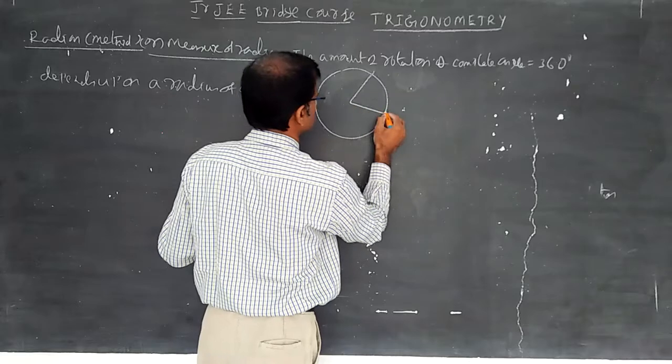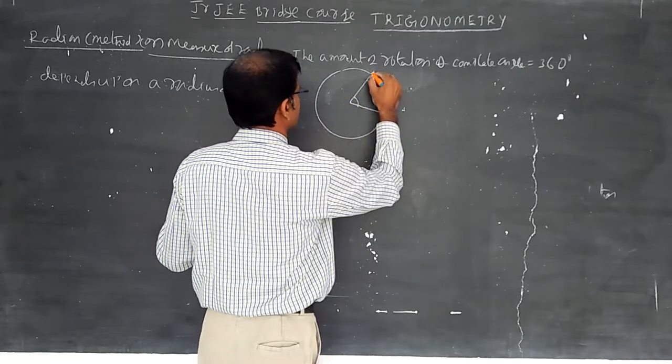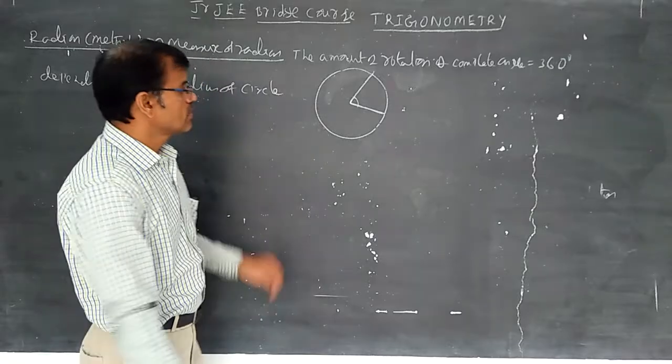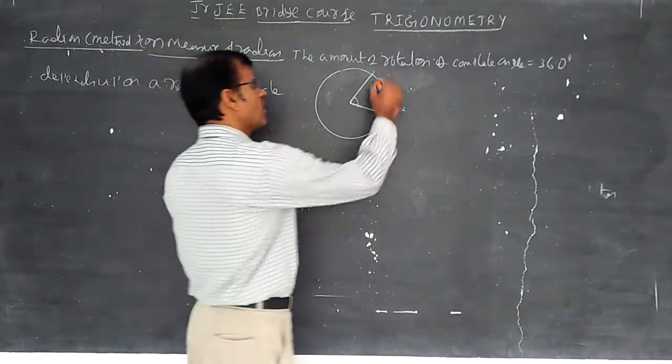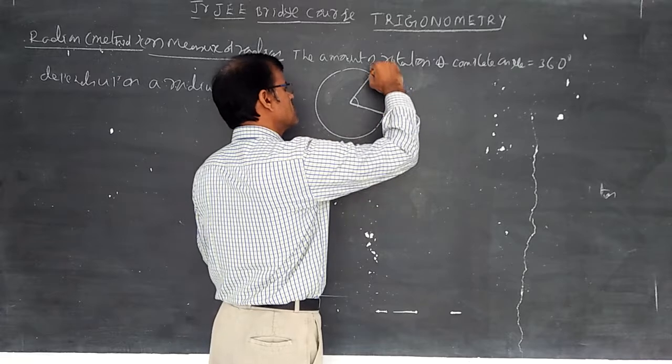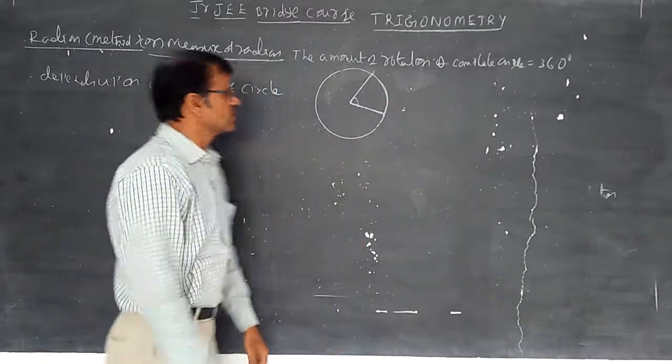Draw like this. This is an angle. Whenever the angle made by the arc with radii is equal to its radius, then it is called a radian.